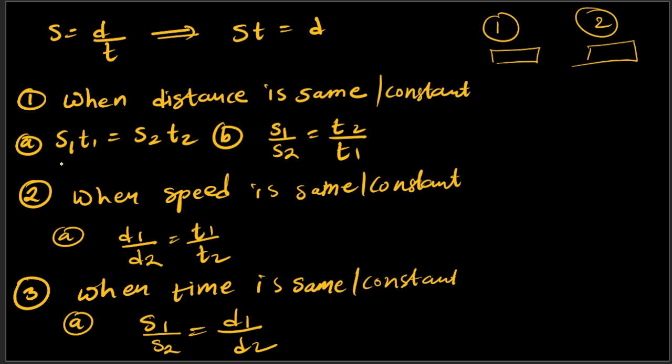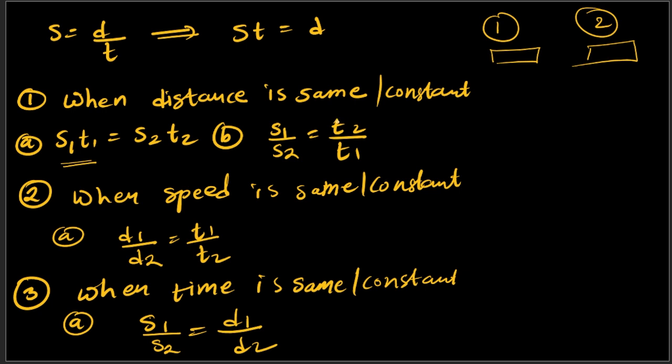That is, we can say that the speed multiplied by time of this scenario is equal to the speed multiplied by time of this scenario. So we can write the relation as s1 t1 is equal to s2 t2, or I can write that s1 upon s2, that means the ratio of the speed of both these cases, is equal to t2 upon t1.